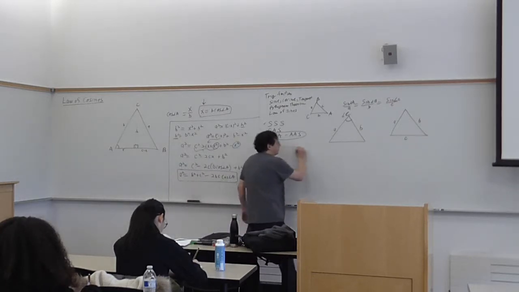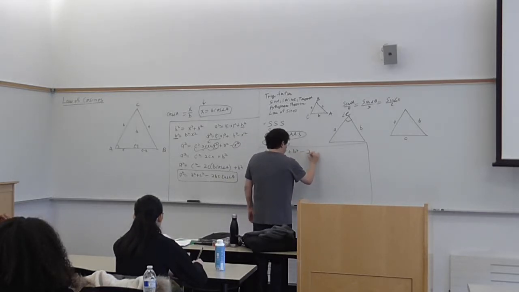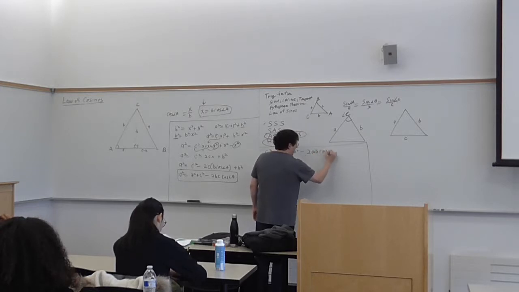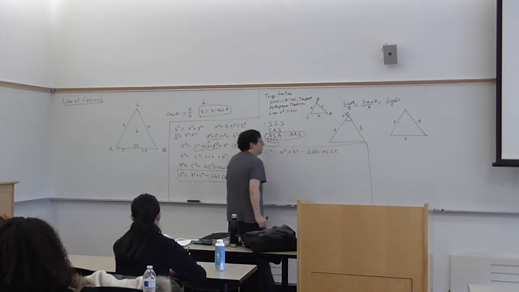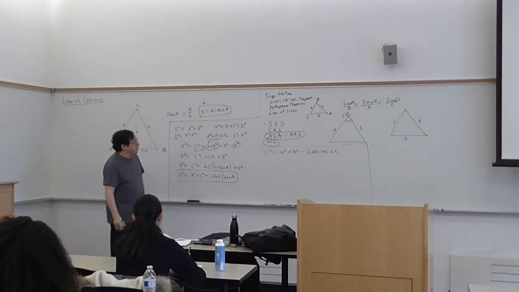Let me write this over here so everybody can see it. C squared equals a squared plus b squared minus 2ab cosine angle C. Okay, basically I just rearranged the a's, b's, and c's.